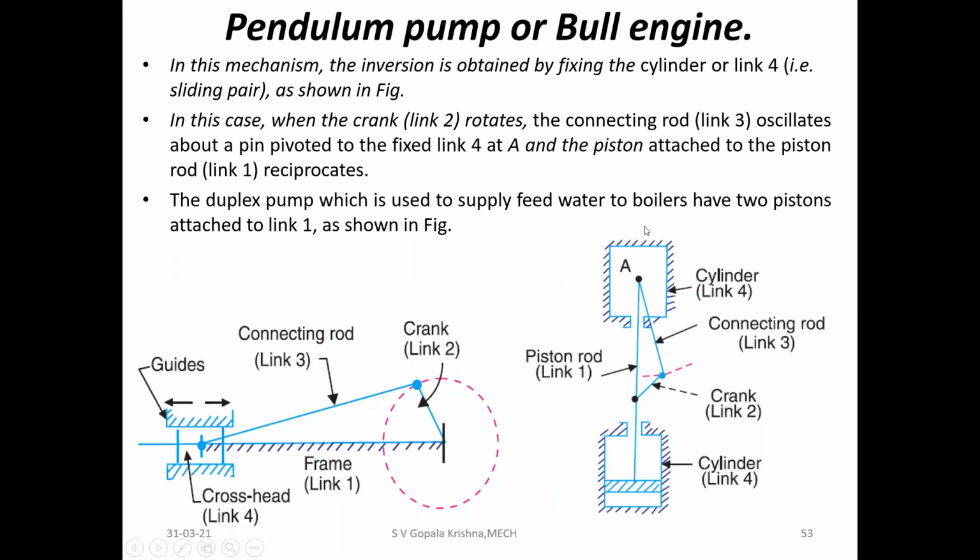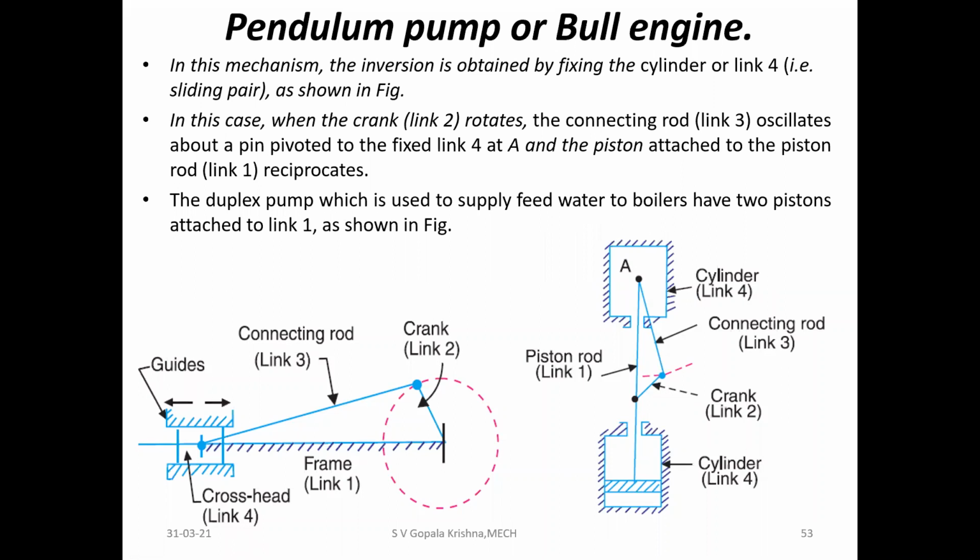Observe the main usage of this type of bull engine or pendulum pump. It is mainly used to supply feed water to the boilers. It has two pistons attached to the link.